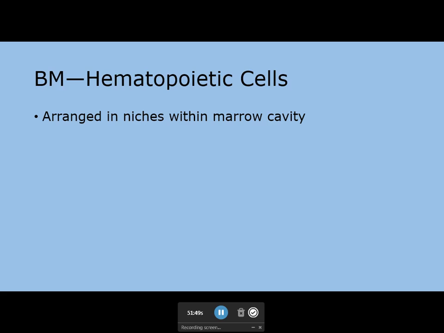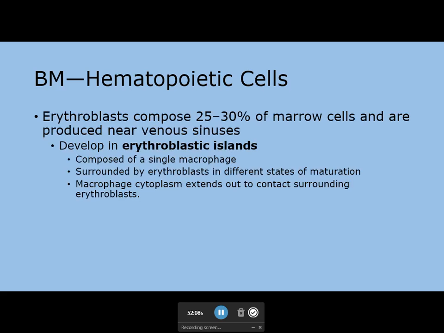All right, so bone marrow: the hematopoietic cells are arranged in niches within narrow cavities. This is what we're talking about with the lymphocyte aggregates, the granulocyte nests, and the erythroblastic islands. They're in their little niches in certain areas. Here's something I need to let you know.